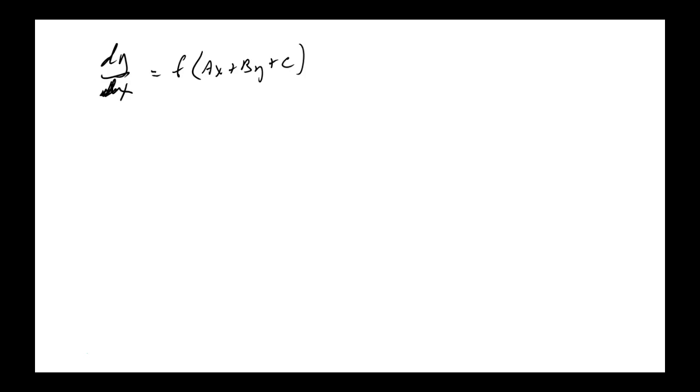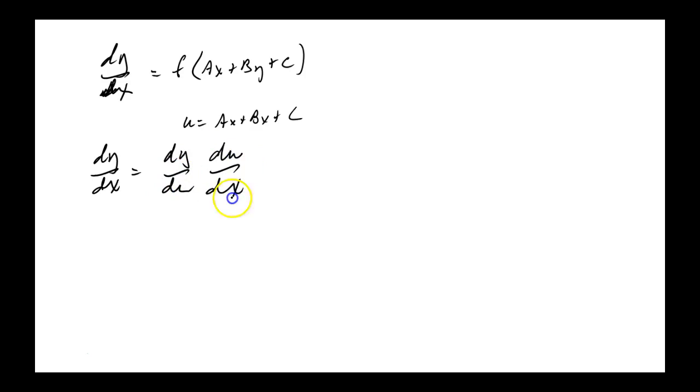Now, it can always be reduced to an equation with separable variables by means of a substitution. If you're wondering what to substitute, let u equal ax plus by plus c. Now, remember the steps we had to go through before? We had to find what dy/dx is. So dy/dx is going to be dy/du times du/dx.